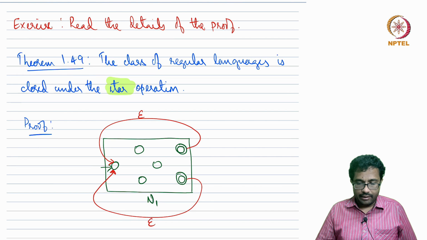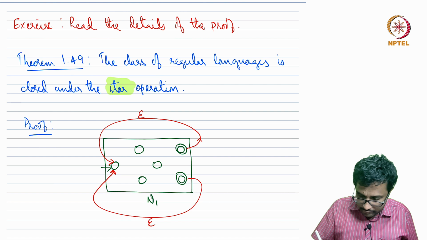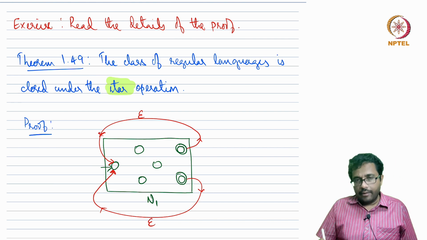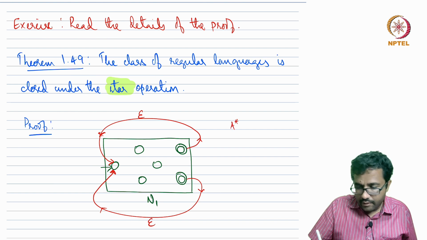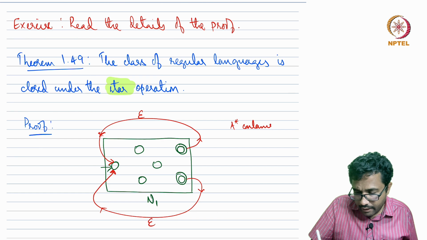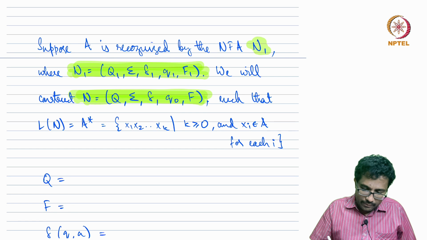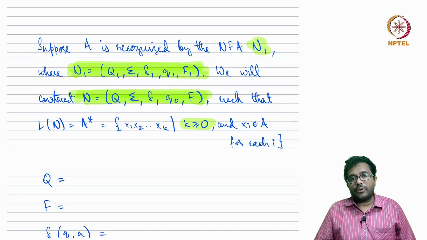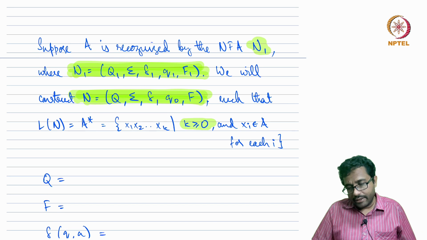But there is one small issue here. The star operation, so any language A star, usually contains the empty string, right? Because in this definition, we can have k equal to 0, which means there are no strings, and that gives us the empty string.